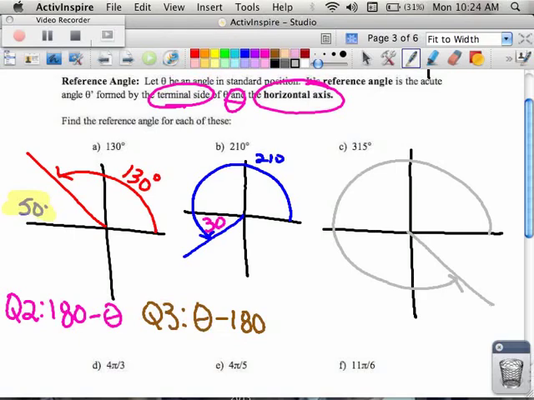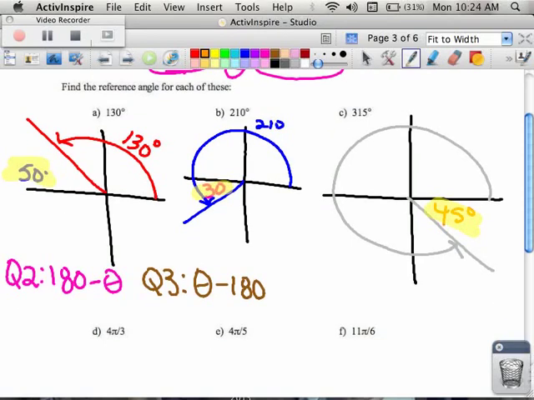How big is that angle inside of there? 45 degrees. So my angles are always in between the x-axis and the terminal side. And there's got to be a rule, just like the other ones. So if I'm in quadrant 4, the rule is? Excellent. 360 minus the angle that they give you.